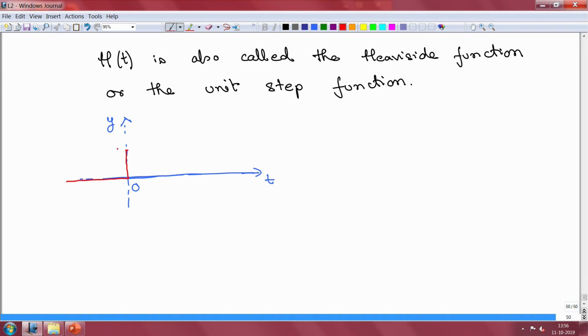So, this is 1, and for the rest of the time it will stay at a value of 1, right. So, this is your h of t.